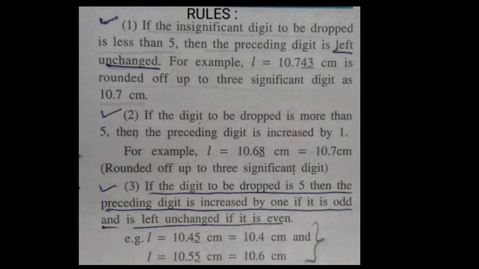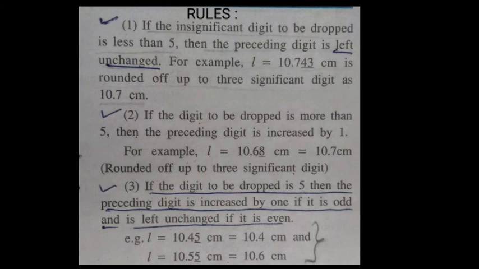For example, L = 10.45 cm is taken as 10.4 cm, and L = 10.55 cm is taken as 10.6 cm, because before the 5 there is a 5, which is odd, so 10.55 is taken as 10.6.